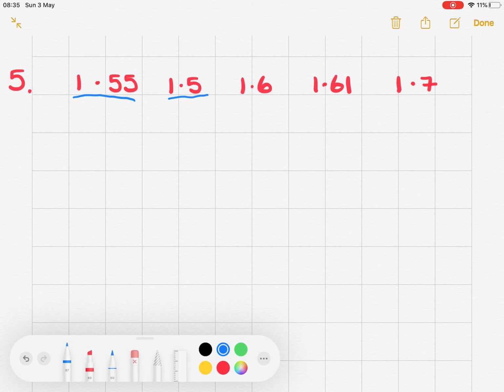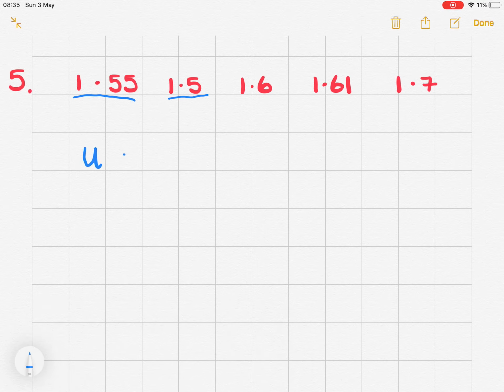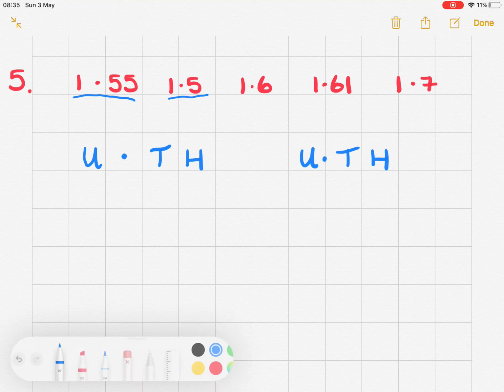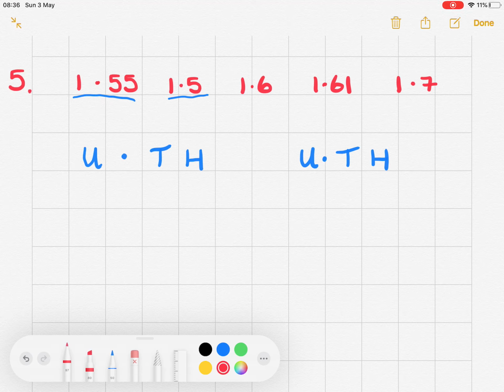Okay. Again, we're going to write in our columns. Now we've got 2 decimal places on some of them, so we need to write that in. Units, tenths, hundredths. And then our second column for when we ordered it, units, tenths, hundredths. What we're going to do is write it in.